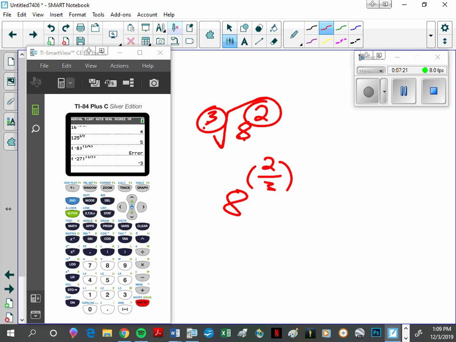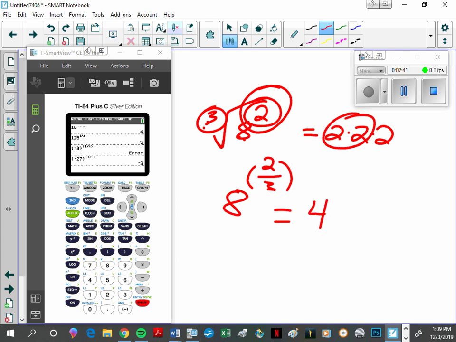So 8 is 2 times 2 times 2. Okay, but our answer contains 2 of those 3. So the answer is 4.